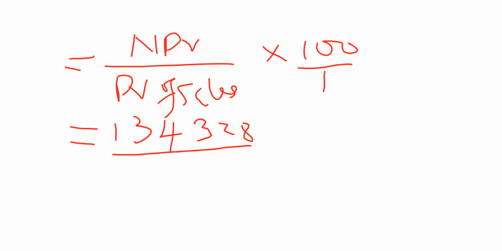MPV over present value of project cost times 100 over 1. Our formula hasn't changed. Numerator is 134,328 over 750,000 times 100 over 1, as usual. What do you have?